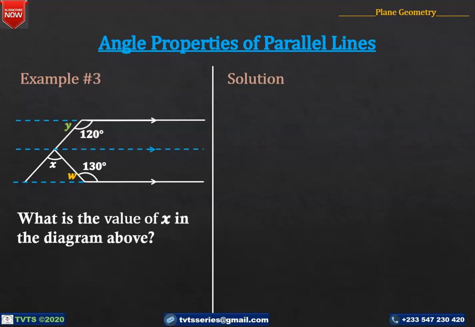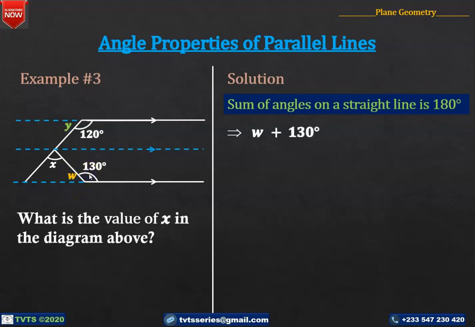Now, our first hint is that angles on a straight line are supplementary or sum up to 180 degrees. This implies that W plus 130 degrees is equal to 180 degrees.